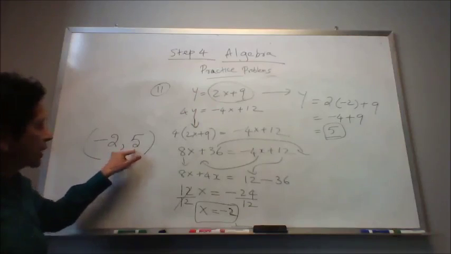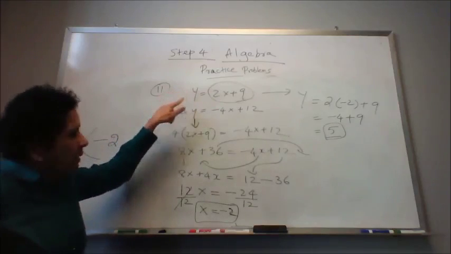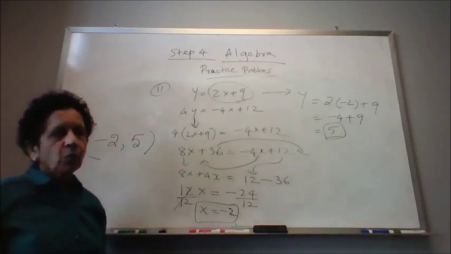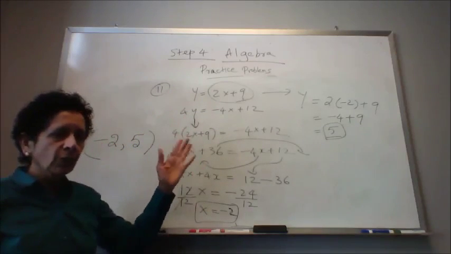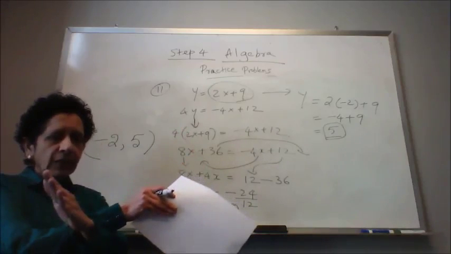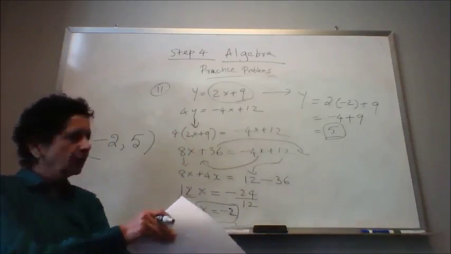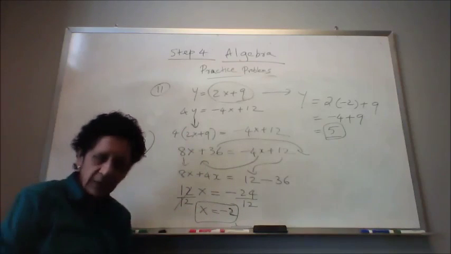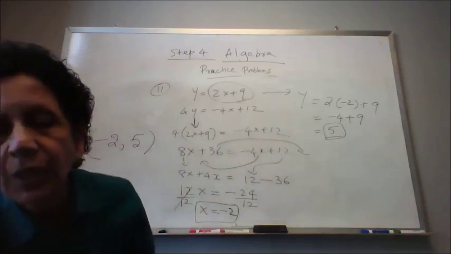So this point lies on the first line, this point lies on the second line also. So when one point lies on both lines, what does that mean? So it is at the intersection, right? So that is the solution for this problem. Okay, so with this, we are pretty much done with algebra.